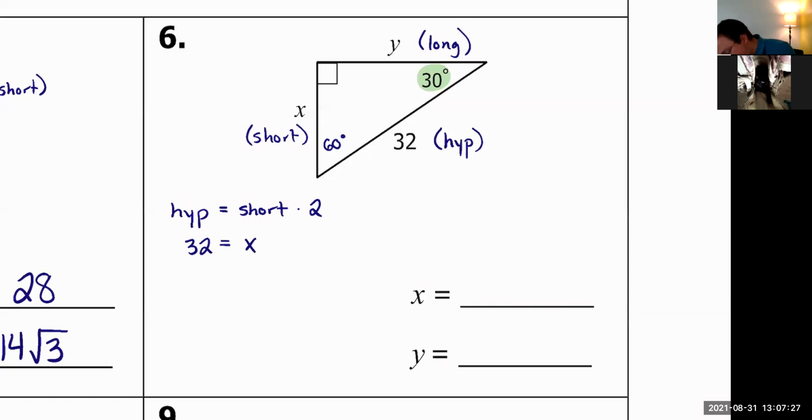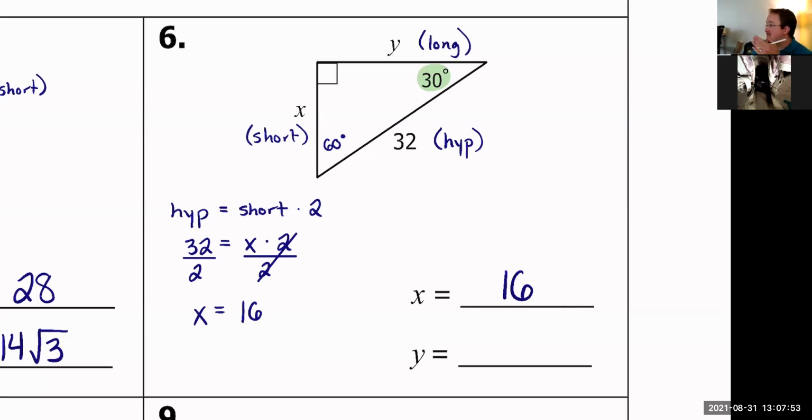I don't know, but I do have an X for it. So X times 2. How would I get that X by itself? Divide. So I'm going to flip this one around and say X equals, what is that, 16, I believe. Yes. So my short leg is 16.